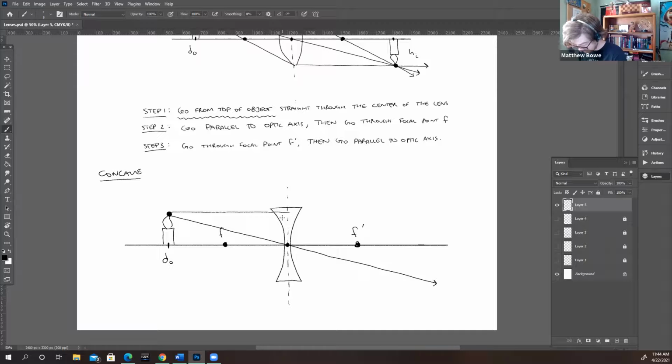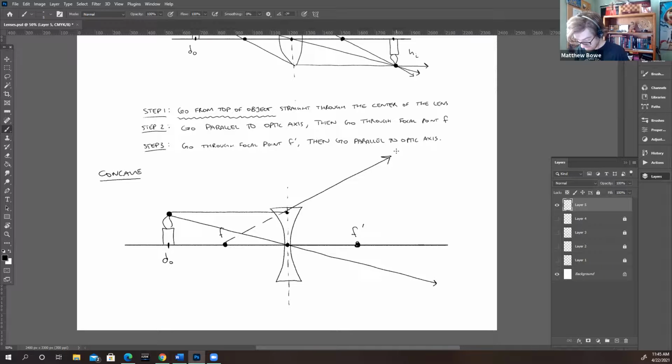So let's connect this point right here to focal point F with a dotted line, but then let's keep continuing that line as solid on the other side. Here's what I mean. So I'm going to connect it, the dotted line, and then on the right side I make that a solid line, straight out like that. Okay, that's kind of what we'd expect from a diverging lens. It spreads light out on the other side.